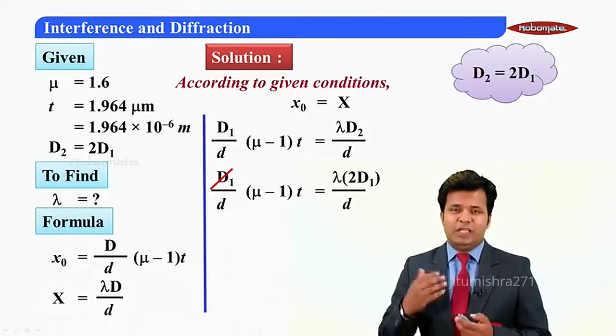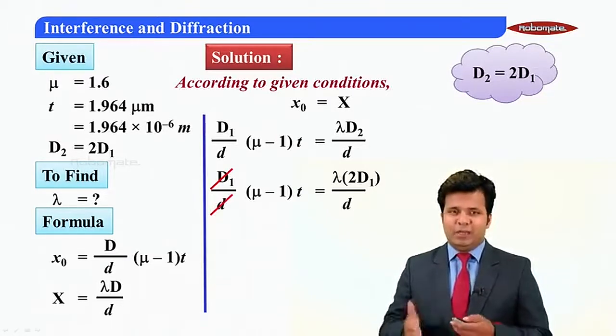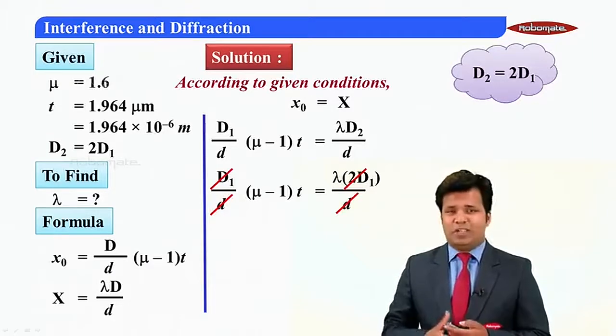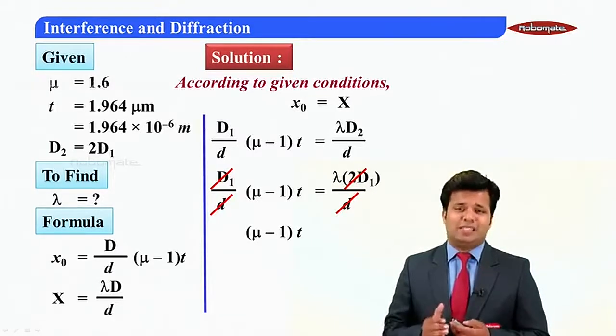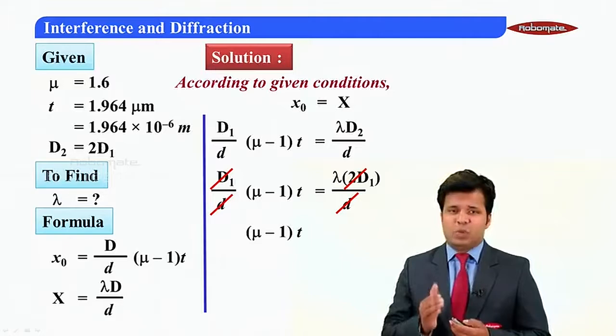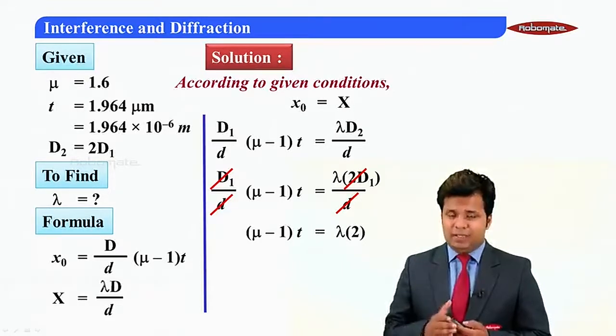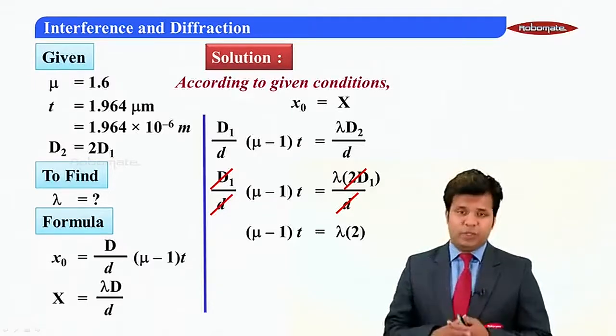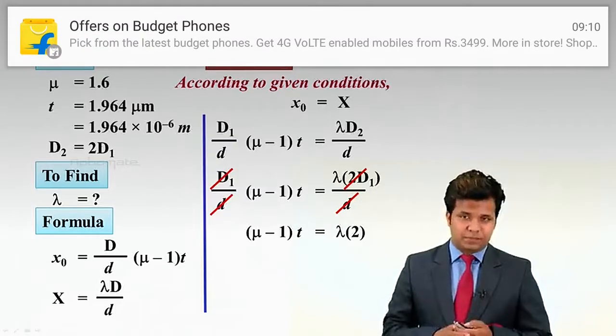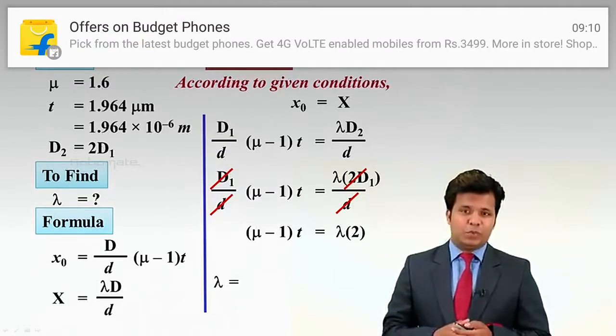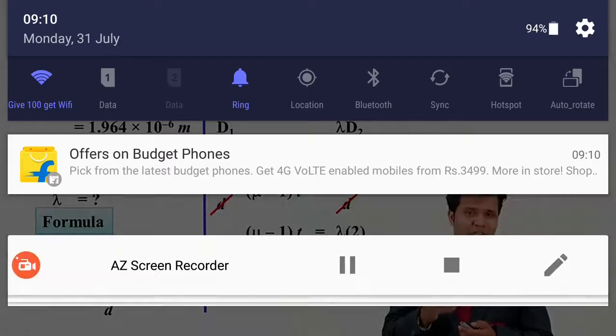On substituting, D2 was 2 D1 and D1 would get cancelled. Small d would get cancelled. We would be just left with (mu minus 1) t is equal to 2 lambda. Now students, mu is given, t is given, you just need to find lambda. So lambda would be equal to (mu minus 1) times t upon 2.